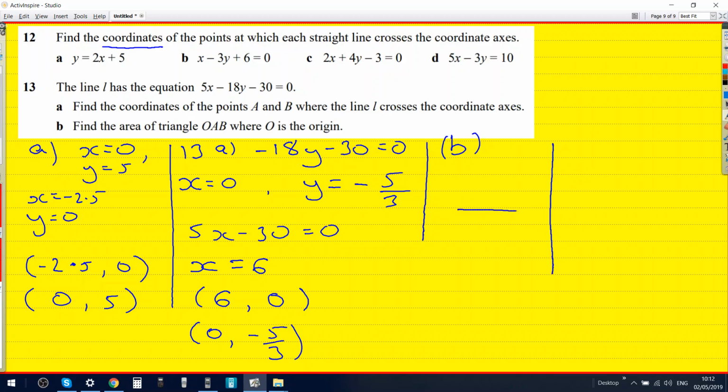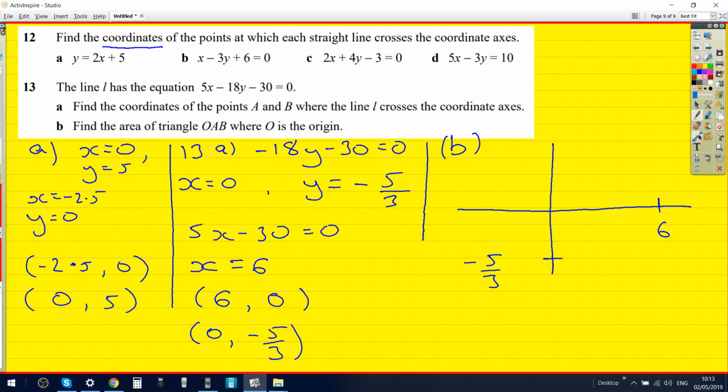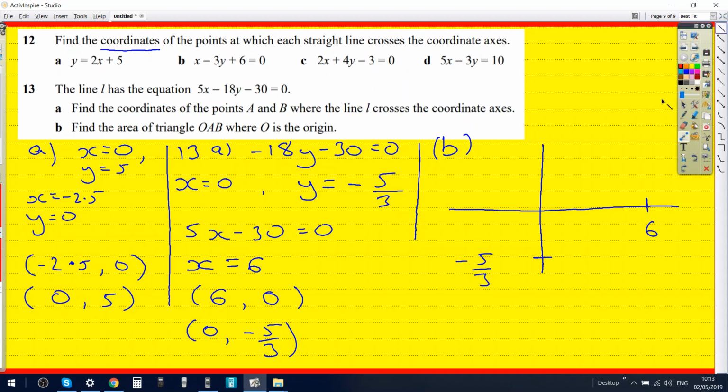Yeah, sketch. Okay, so we do a sketch. So we have to do triangle OAB. So these were points A and B. So one was 6, 0. One was 0, minus 5/3. And O is just the origin. Yeah. And so we have to find the area of that triangle.